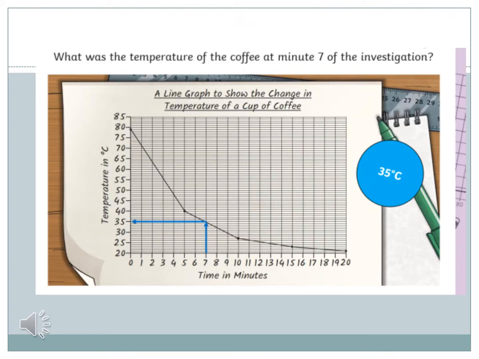To find the answer, you would look to find 7 on the x-axis, and then with a ruler, measure up to where the black line meets the blue line. Then measure across to the y-axis, and you should see that the answer is 35.